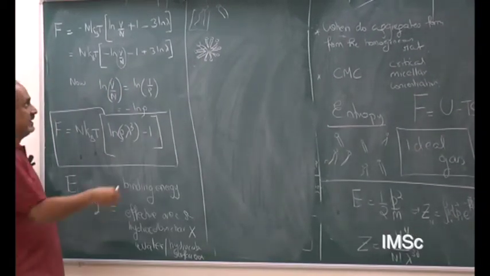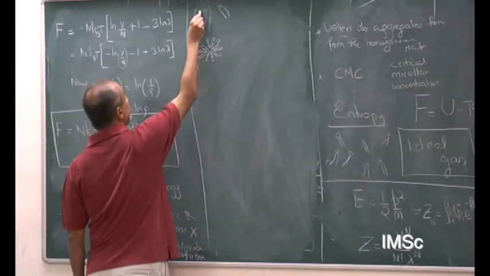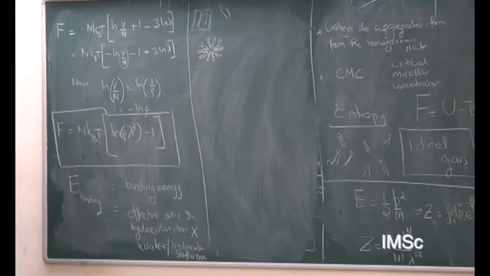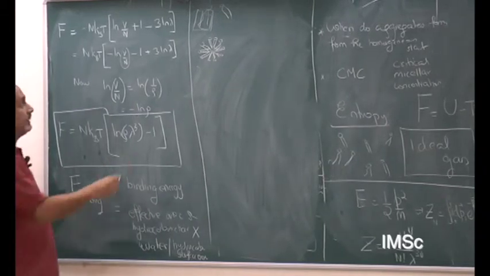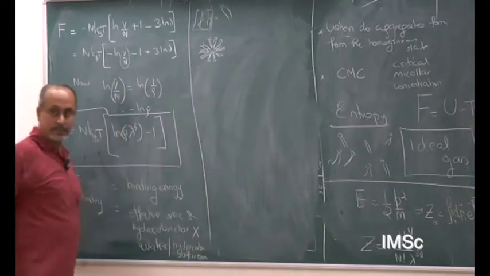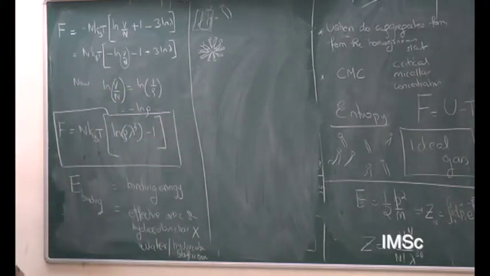So one way of doing it is to say how much area is this exposing to the water, and multiply that by the energy required for an interface between a hydrocarbon and the water tail here, which they can approximate in various ways. All right.